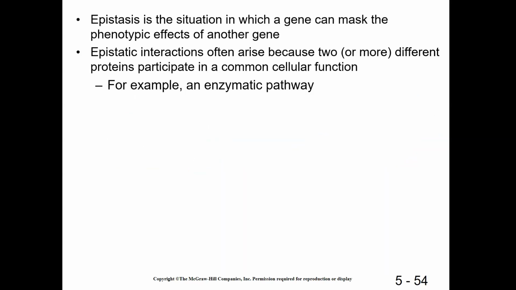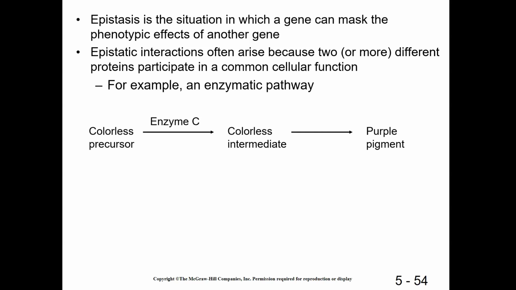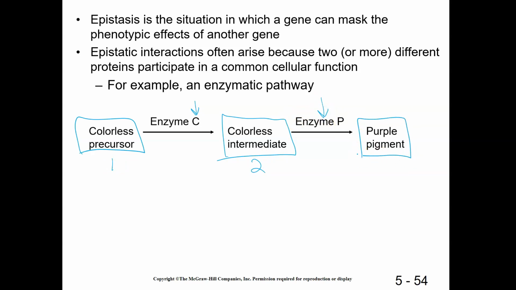So epistasis in this situation gave rise to the following model. You have a colorless precursor molecule that interacts with enzyme C, big C. You end up with a colorless intermediate again. So this is protein 1, this is protein 2, neither of them having a color. Enzyme big P is what results in the purple pigment. So what you have is an enzymatic pathway or a metabolic pathway.